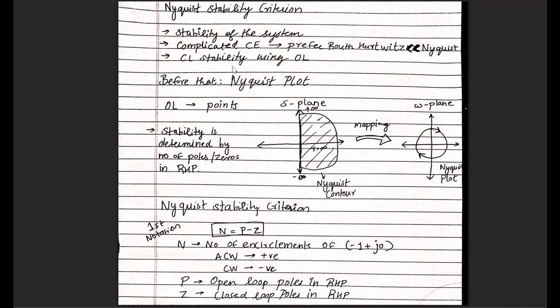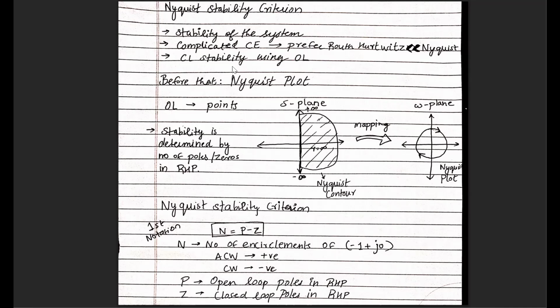A Nyquist plot is where the open loop transfer function is taken, and the points of the open loop transfer function are plotted on the S-plane. Now, let us understand a very important point: the stability of any system is dependent on the number of poles or zeros that lie on the right half of the plane. I'll repeat, the stability is determined by the number of poles or zeros that are in the right half of the plane.